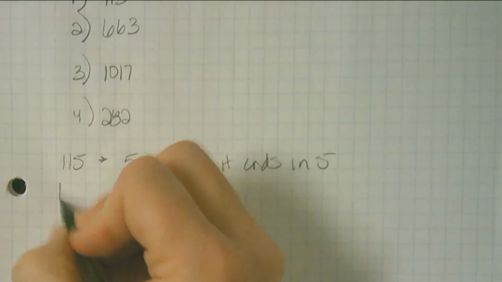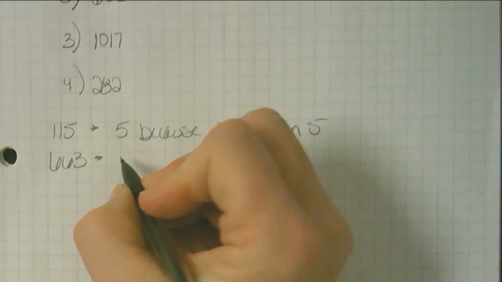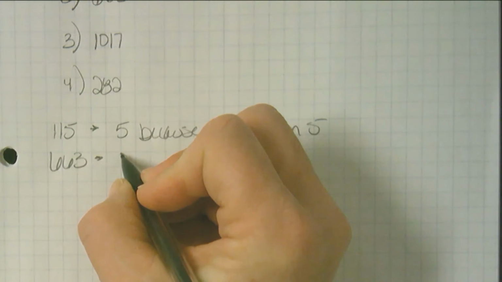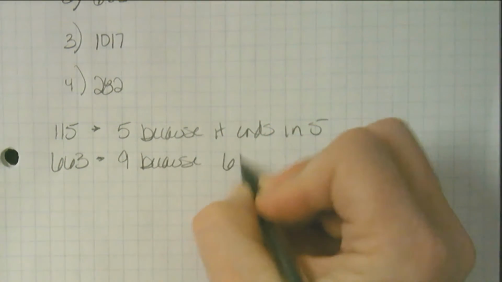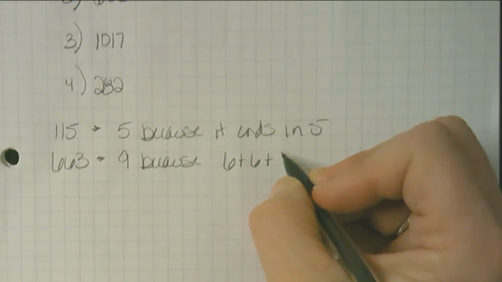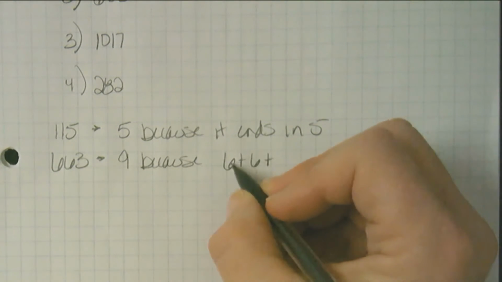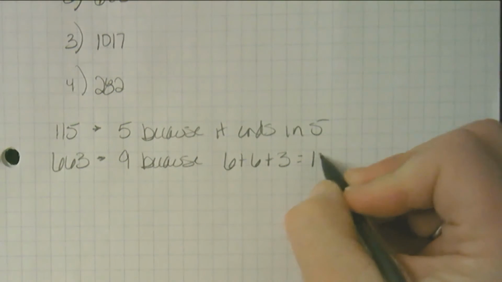All right, how about 663? What number is 663 divisible by? Pierre? Okay, so if I do 6 plus 6 plus 3, what does that give me? Is 15 divisible by 9?